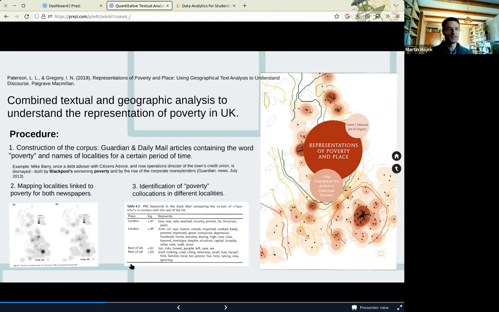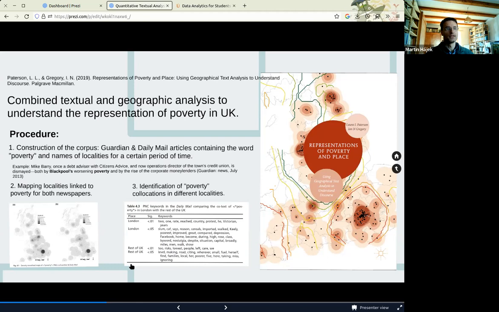It combines textual and geographic analysis, because in this course we will talk about geography and about location, and location, geographic space, and textual data were already mentioned in previous lectures. So this is an example of such research that combines textual and geographic analysis, and what it aimed to discover was the nature of representation of poverty in the UK.